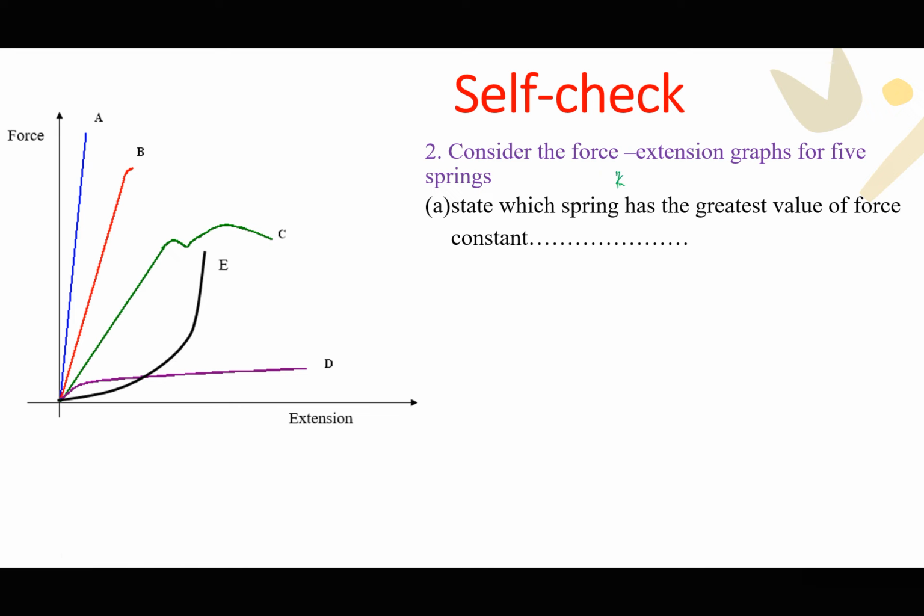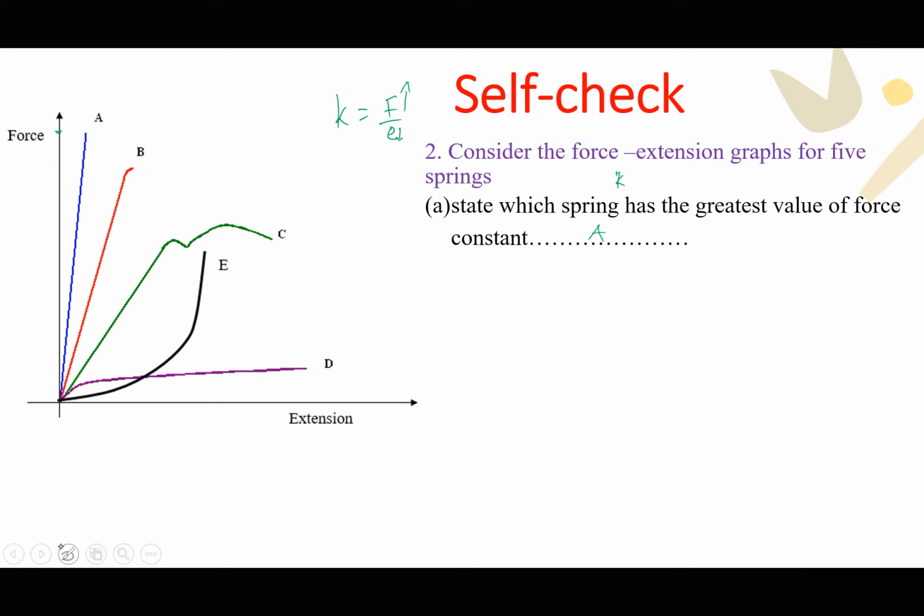It means it requires a big force to cause a very small extension, because K is equal to F over E. That means the answer is going to be A. A is the stiffest because a very large force is causing a very small extension for A.